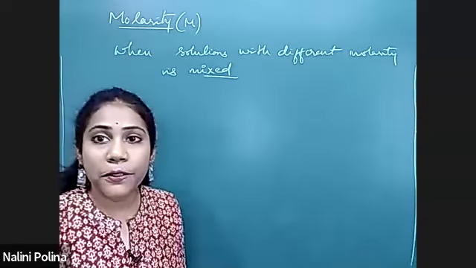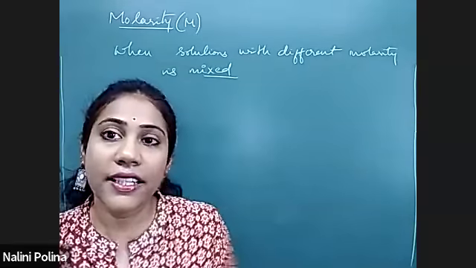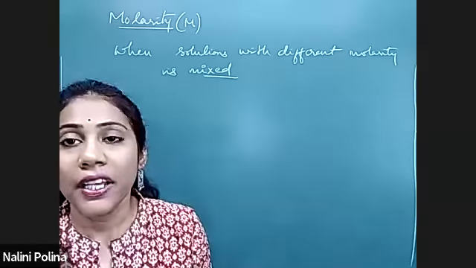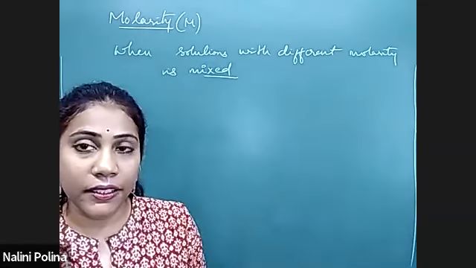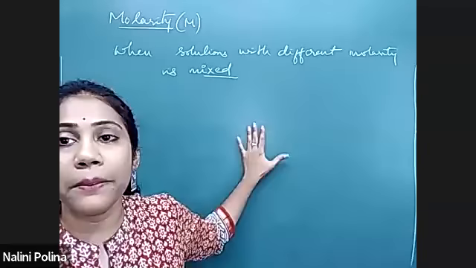So when two solutions of different molarity are mixed, then you get a third solution, you get a new solution, and to find that new solution's molarity, we have a formula. So that's what I am going to give you.